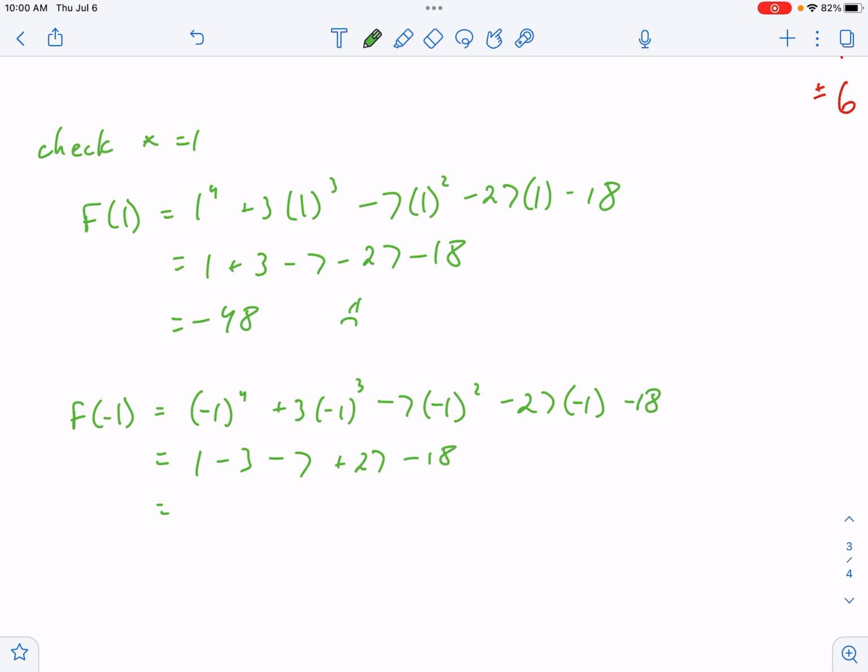This looks more promising. Let's see. 1 minus 3 minus 7 plus 27. Aha! Minus 18. 0. Yay! So our factor is going to be x plus 1. Remember, the opposite of the number that we checked.